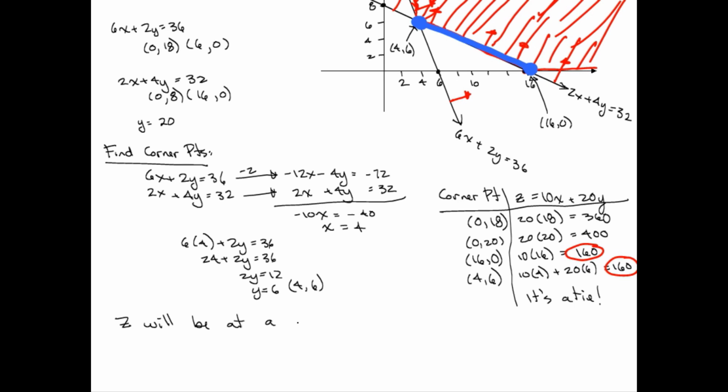So my z will be at a minimum anywhere on the line segment that joins those 2 points.